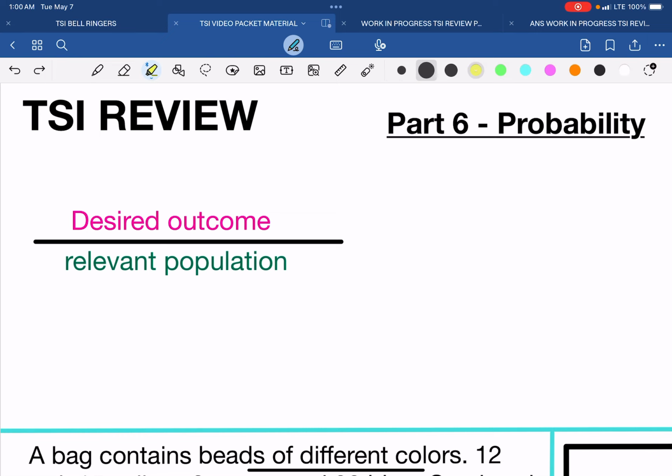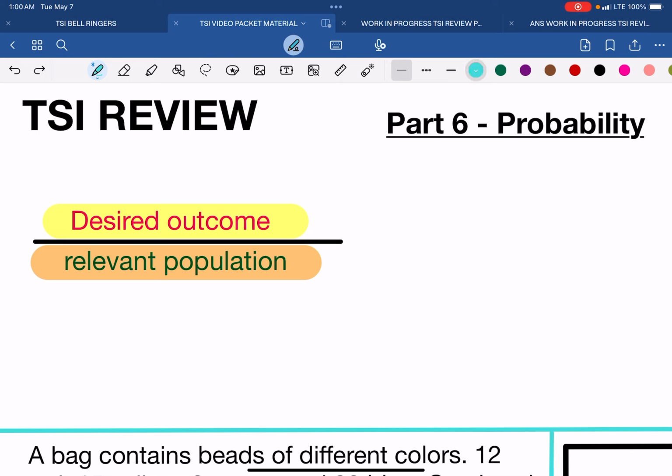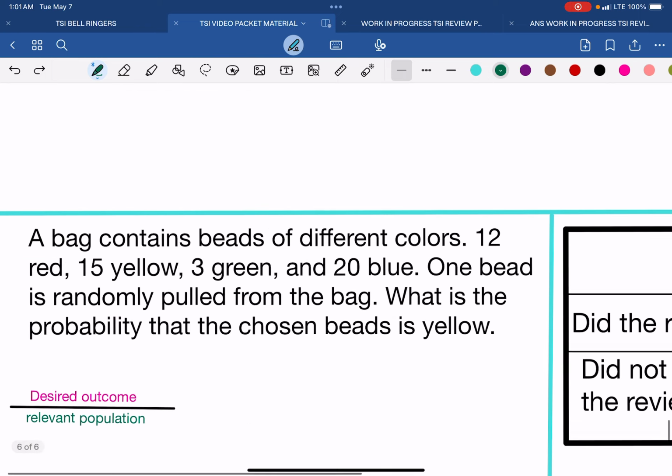We have the desired outcome. Most people get that part correct. The part where people mess up a lot is the bottom. Sometimes they don't choose the right data, and that messes them up. So I'll show you a couple of ideas so that you can avoid not choosing the right population.